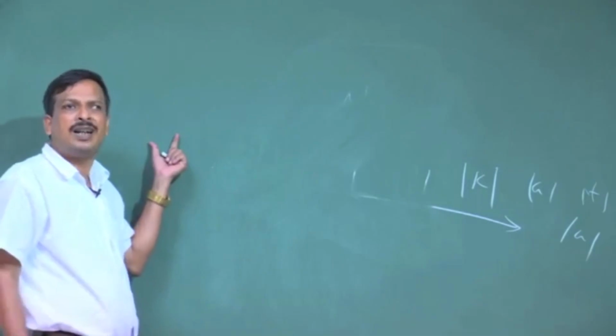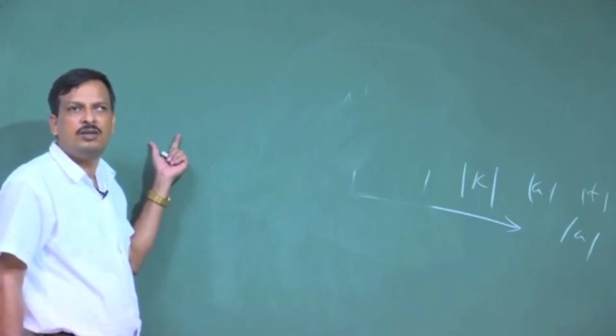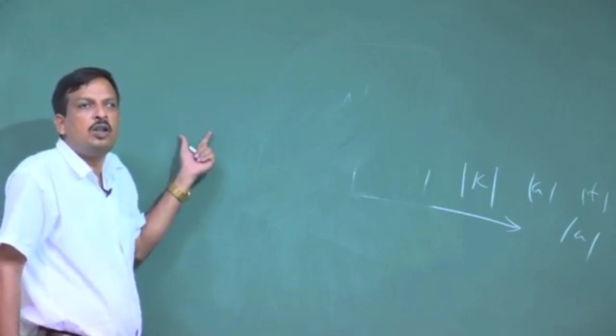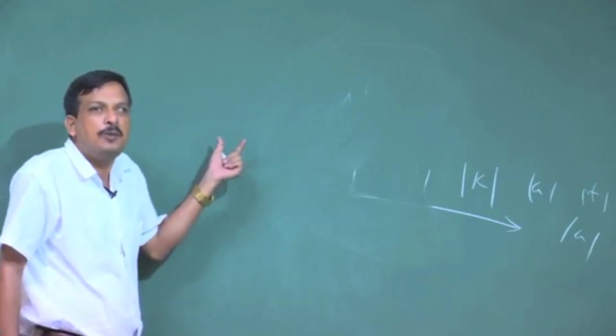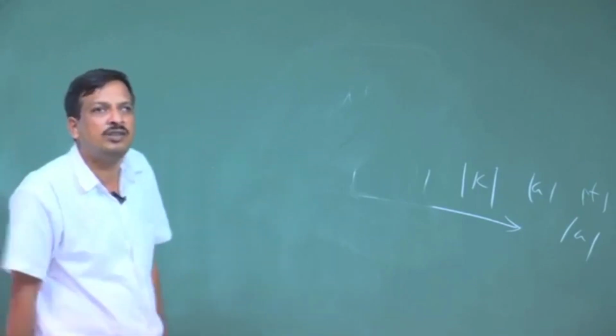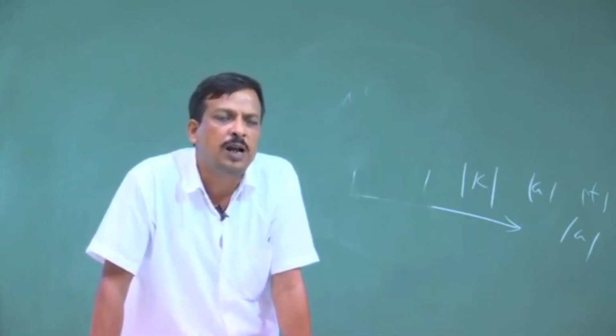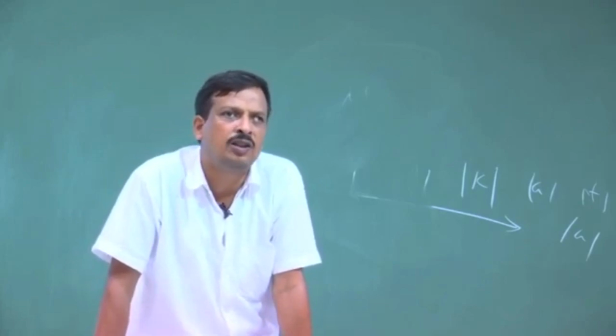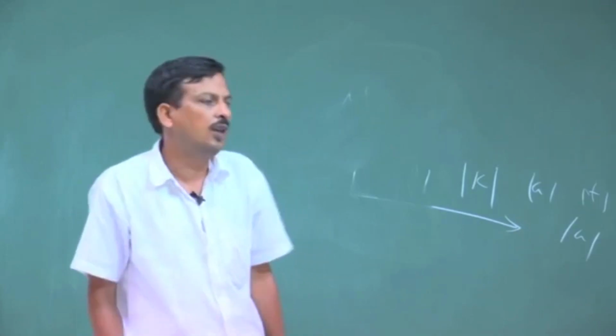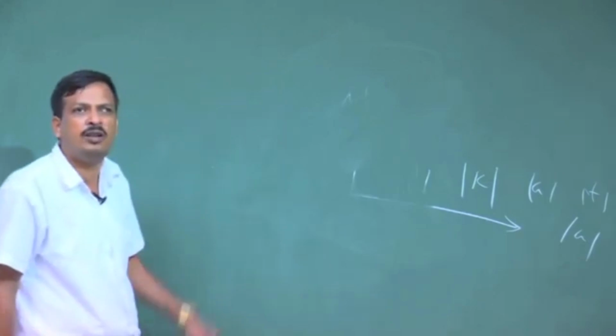Sound is nothing but a mechanical oscillation. A mechanical body vibrates and an acoustic wave is generated. Now, vibration of a mechanical body requires an external force. I require a force to vibrate the body.